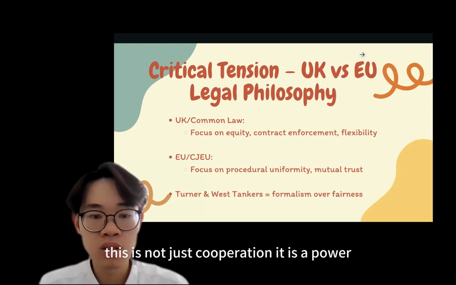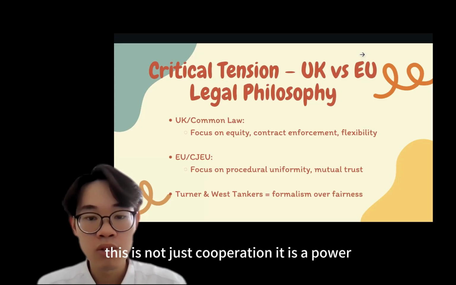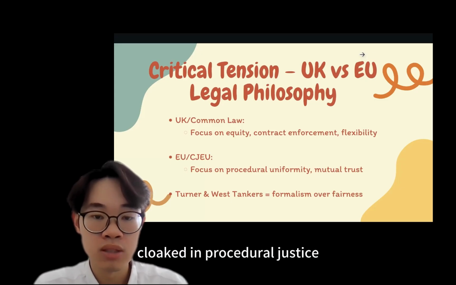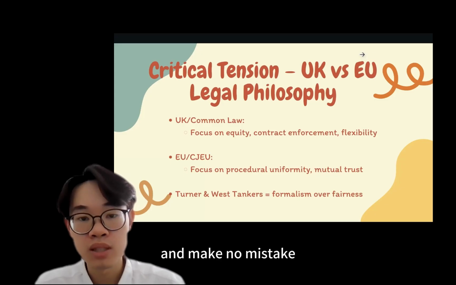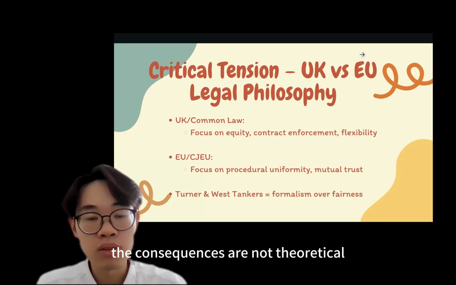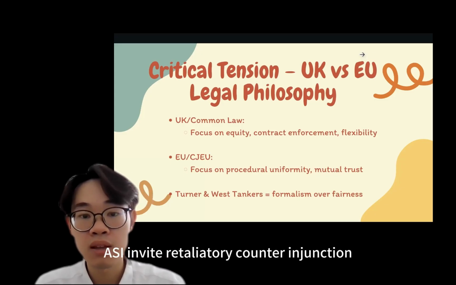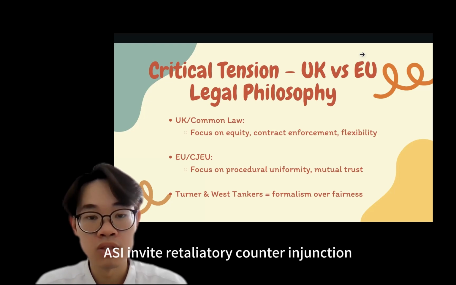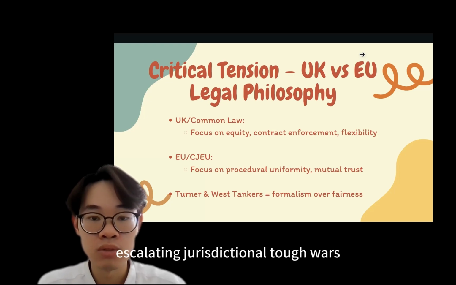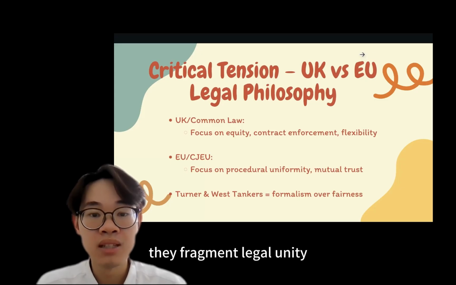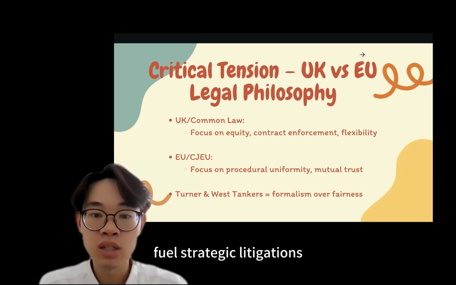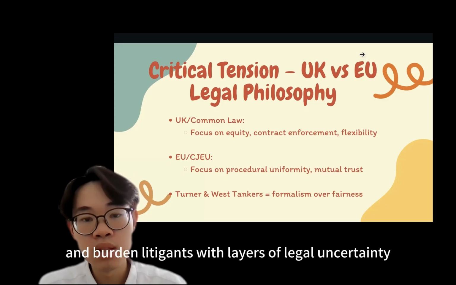This is not just cooperation, it is power cloaked in procedural justice. And make no mistake, the consequences are not theoretical, as they invite retaliatory counter-injunctions, escalating jurisdictional turf wars. They fragment legal unity, fuel strategic litigation, and burden litigants with layers of legal uncertainty.